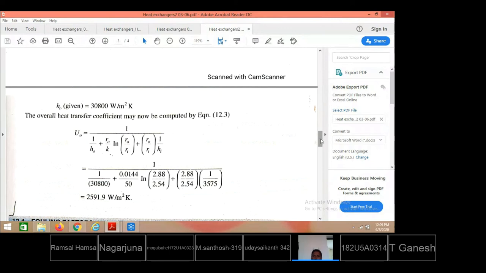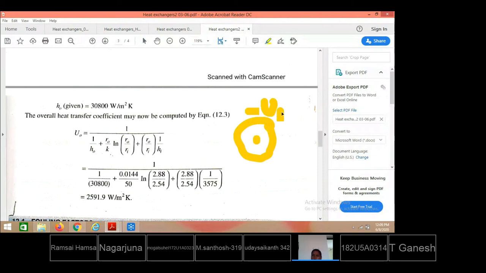So this is the tube. If you imagine, inside one kind of fluid may be allowed, outside another kind of fluid may be allowed. If the heat transfer coefficient is calculated based on the outer surface area, we call it U naught. And if calculated based on the inner surface, it is known as the overall heat transfer coefficient based on the inner surface, Ui.